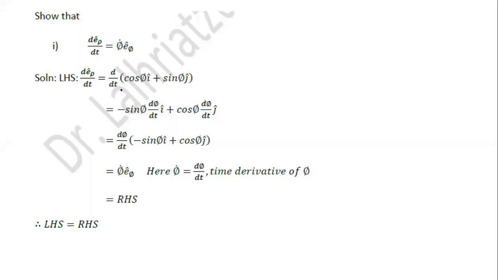For differentiation with respect to time, you take e rho, the unit vector tangential along the rho coordinate, and differentiate it. Other than your i cap and j cap, you know they are unit vectors, vectors having unit magnitude, so there is no point in differentiating them. This is always 0.